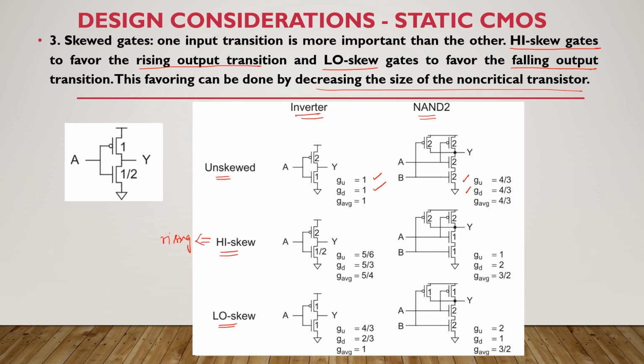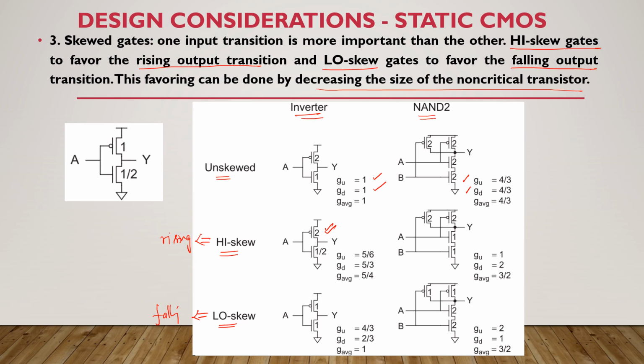The high skewed is favoring the rising, whereas low skewed is favoring the falling transition. Okay, so rising, who is responsible out of PMOS and NMOS? Definitely the rising is the responsibility of the PMOS, because if the input is 0, you will get output 1. So the PMOS is the one responsible for the rising transition, right?